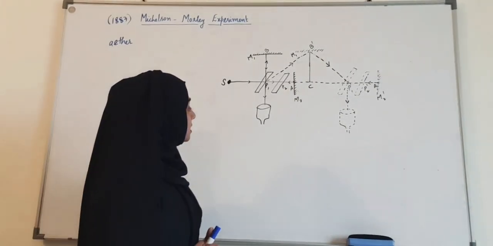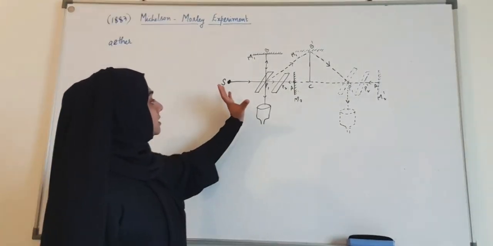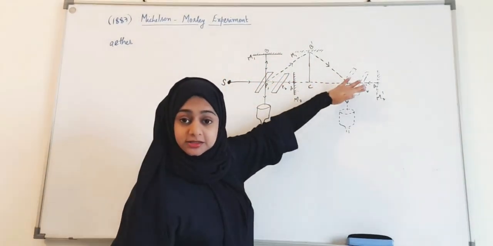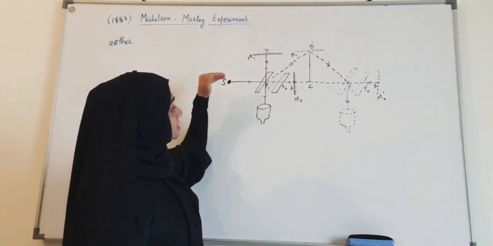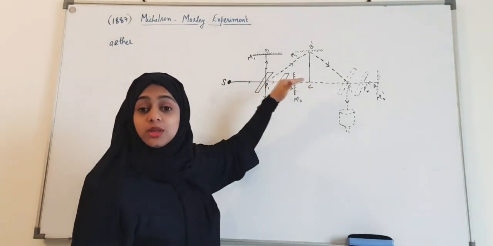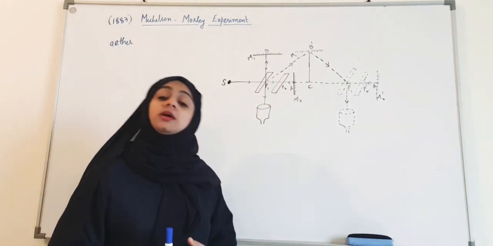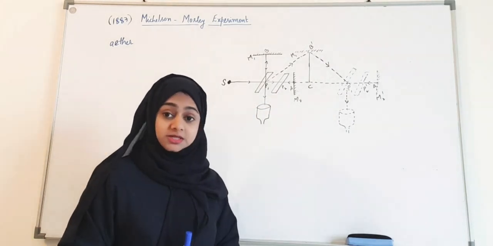Now, if there is ether, the earth is rotating in this direction. So the whole apparatus is also moving with the earth with the velocity of earth's rotation, which is 3 times 10 raised to 4 meter per second.